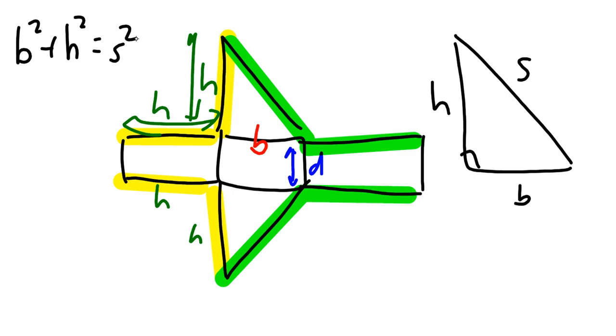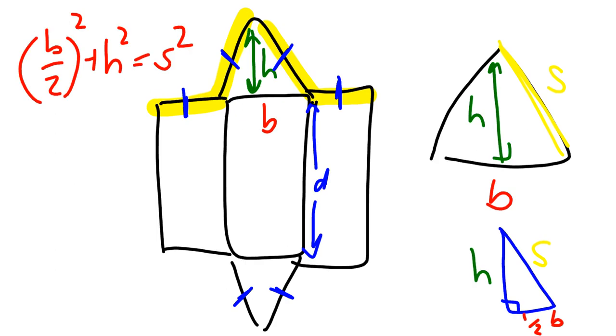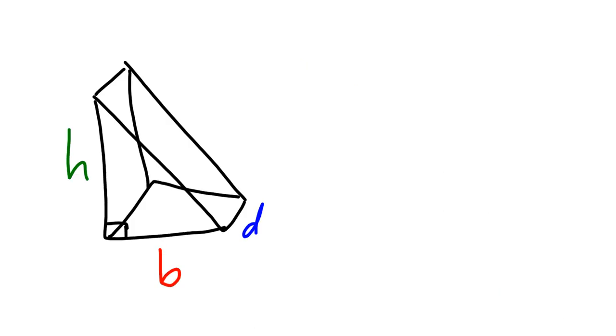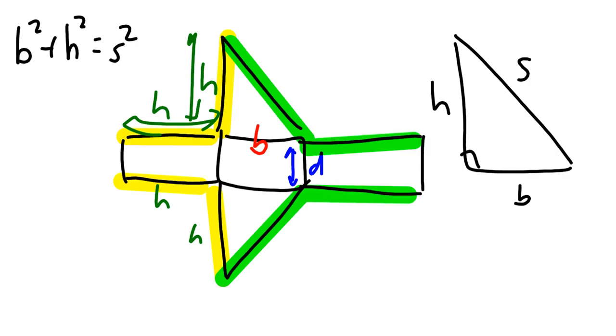Compare that to what we did up here, where we had to do half the base. That was because this was more like that Toblerone bar, and it had more of an isosceles triangle that we then had to turn into a right-angled triangle. If yours is more like this, you already have a right-angled triangle, so you would use just base squared plus height squared.